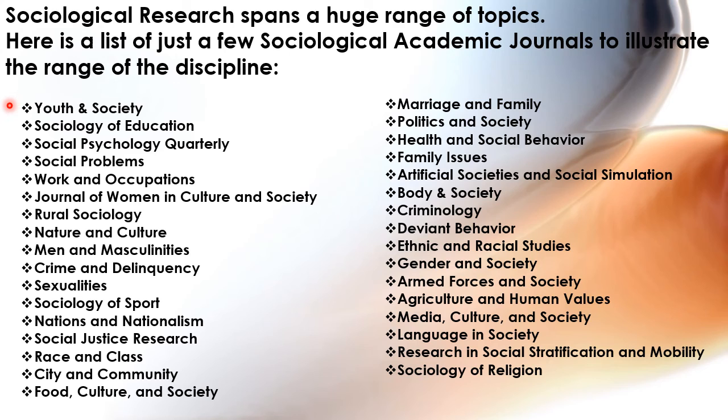So you've got Youth and Society, Sociology of Education, Social Psychology, Social Problems, Work and Occupations, Journal of Women in Culture and Society, Rural Sociology, Nature and Culture, Men and Masculinities, Crime and Delinquency, Sexualities, Sociology of Sport, Nations and Nationalism, Social Justice Research, Race and Class, City and Community, Food, Culture and Society.